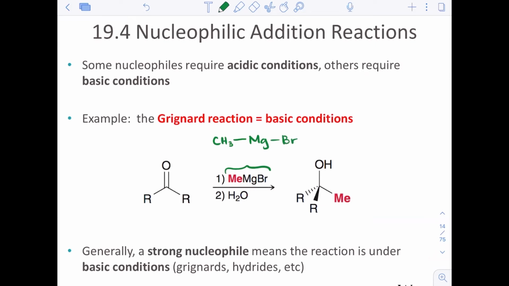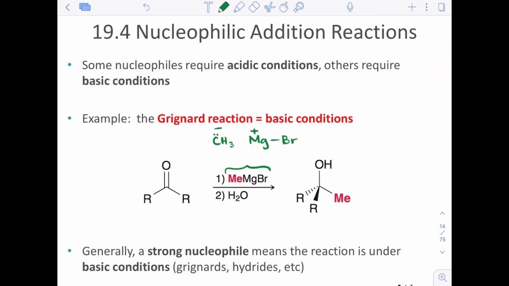Now remember, carbon to a magnesium is not technically a covalent bond. In reality, that bond right there is an ionic bond. So we can actually erase that, and carbon would have a negative charge on it.